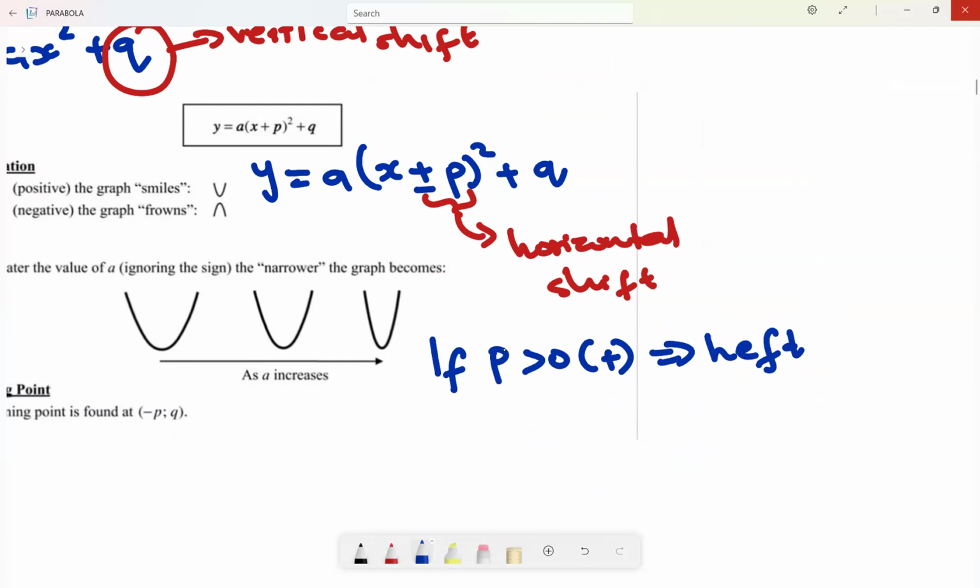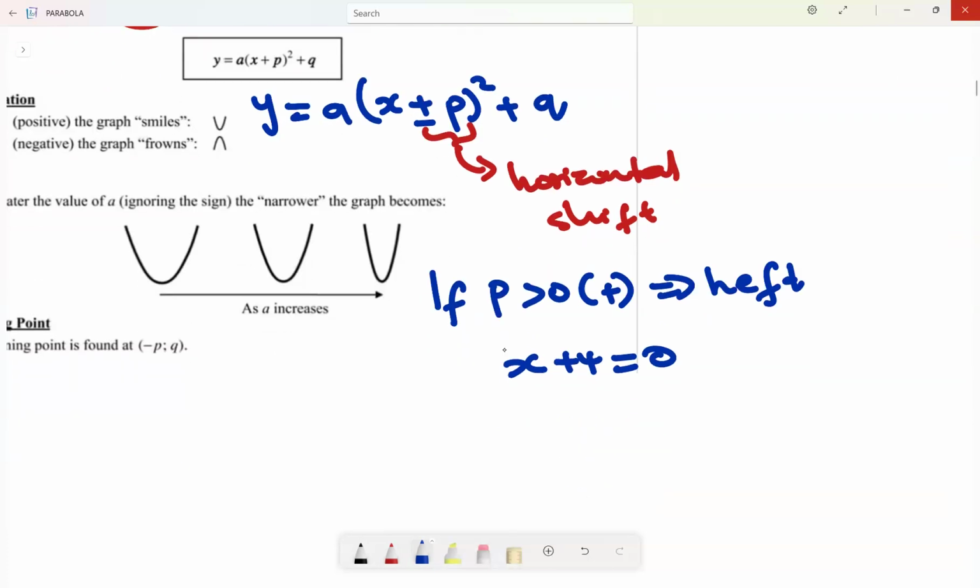Why? Because if I take x plus 4 and equate that to 0, it is positive 4 here, which we might want to say is towards the right. But when we solve, x is equal to negative 4. The negative 4 tells us we are actually moving towards the left.